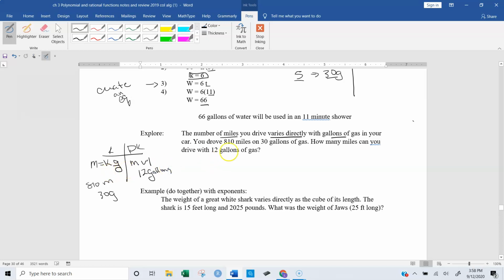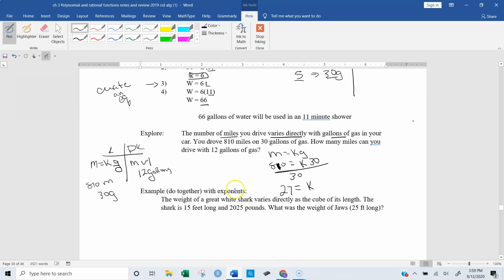So now first we got to create our equation. So we know miles equals some constant times gallons. I'm given 810 miles, whoops, that's an 810. 810 miles equals K times 30, divide by the 30. So K is equal to, calculator real quick, 27.